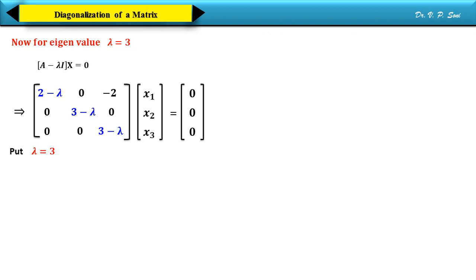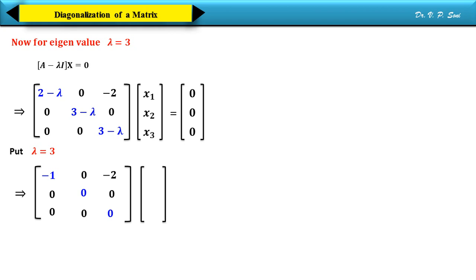Put λ = 3, then we get the matrix whose first row is −1, 0, −2, second row 0, 0, 0, third row 0, 0, 0, times the column matrix x1, x2, x3 equals the column matrix 0, 0, 0.